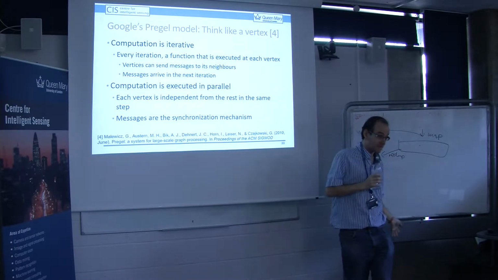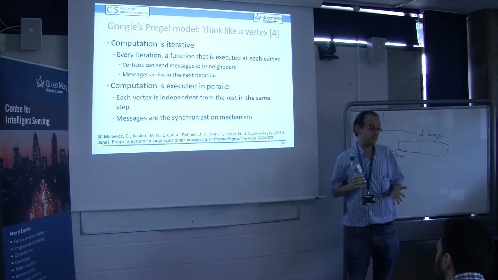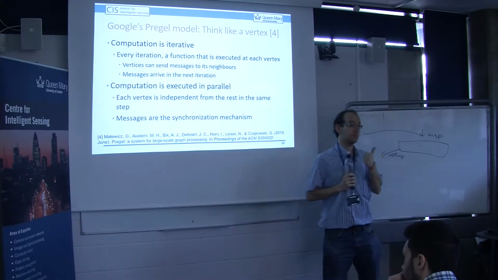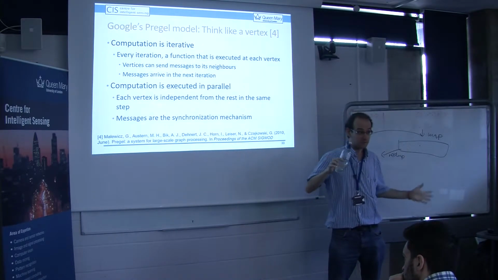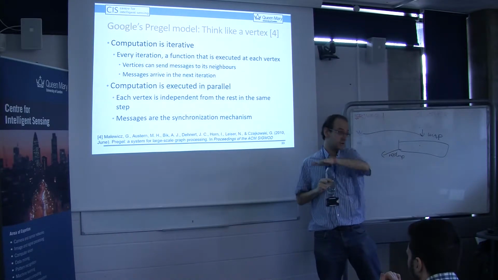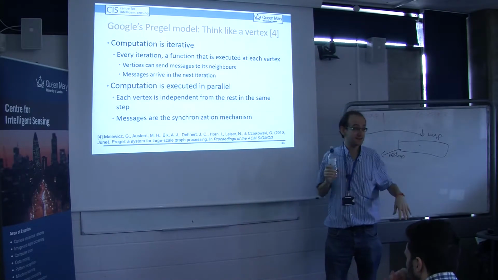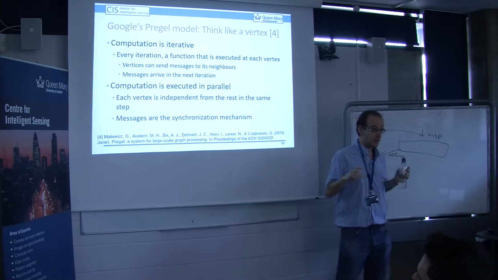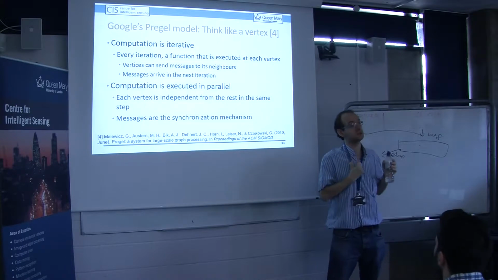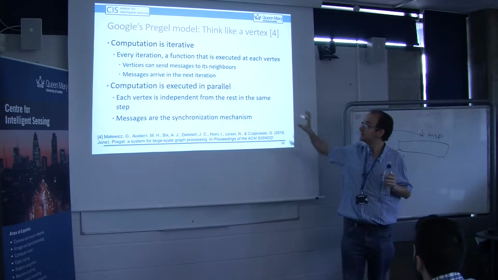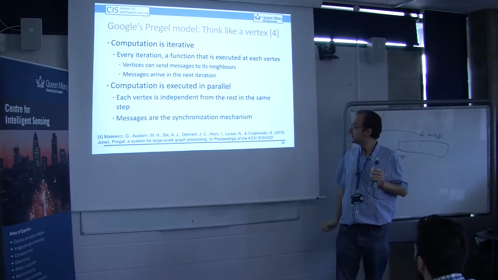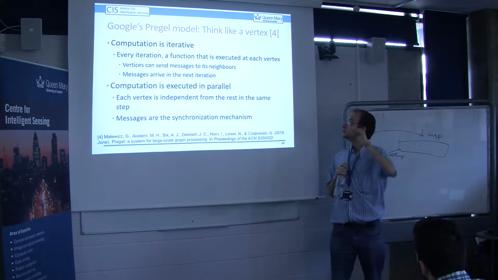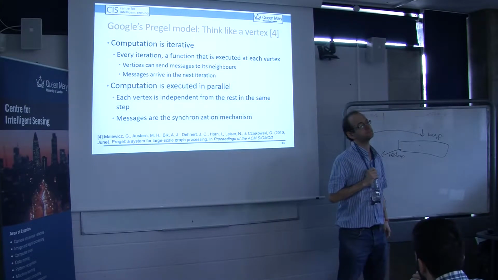It's another distributed system that follows the same principles we have seen with MapReduce and with Spark. You have one set of components in a cluster that makes sure that everything works, and you only need to worry about expressing one specific computation that they tell you you can use. In the case of Google, they found this very catchy way of expressing graph algorithms, which is you just need to think like a vertex.